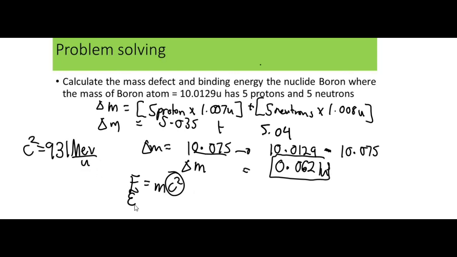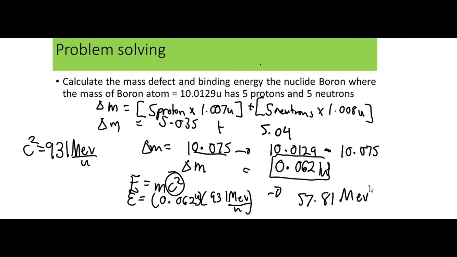So let's just substitute the value. 0.062 times 931 MeV/u. So the binding energy is 57.81 MeV. And that's our final answer.